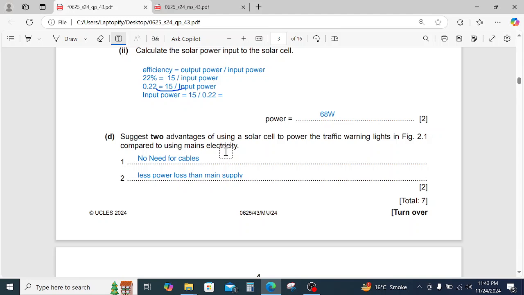The sunlight automatically converts into electricity, so we reduce the cost of electricity, and we don't depend upon our country's electricity. So you can reduce your electricity bill. The advantages here: you don't need cables, and there is less power loss than the main supply. It is a very simple answer.